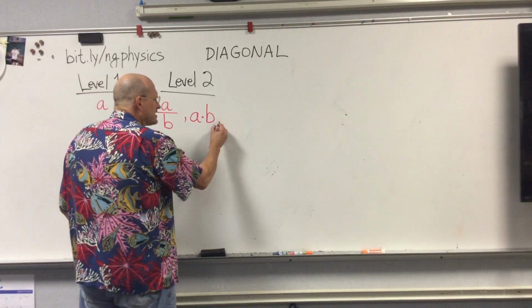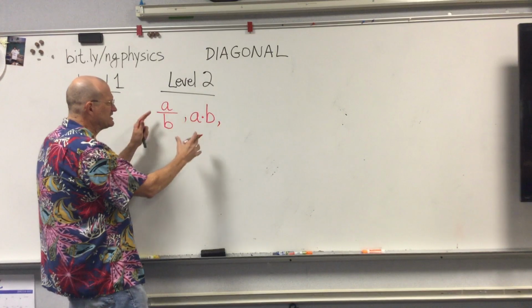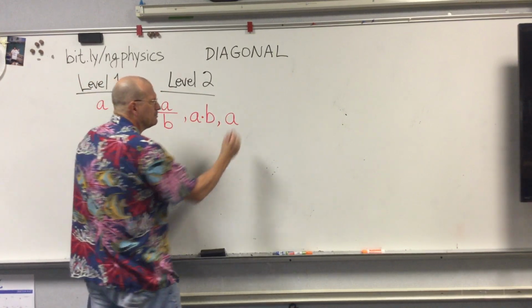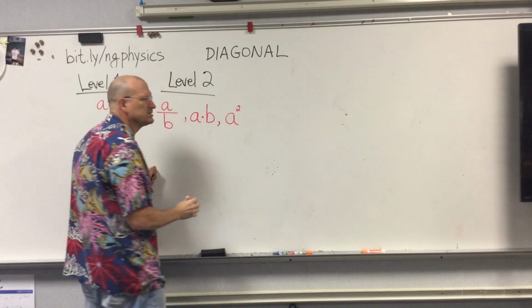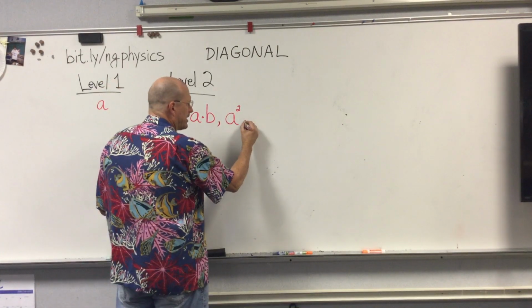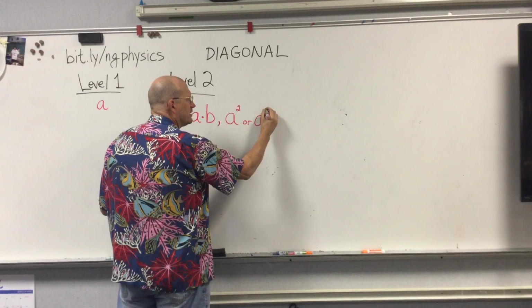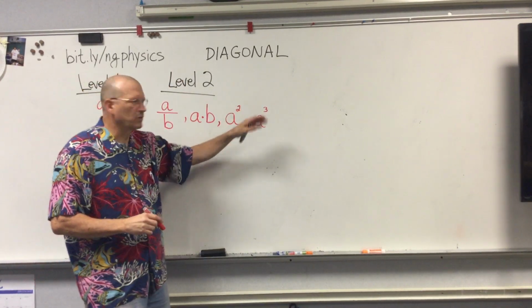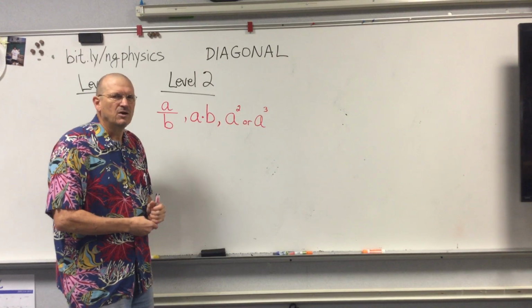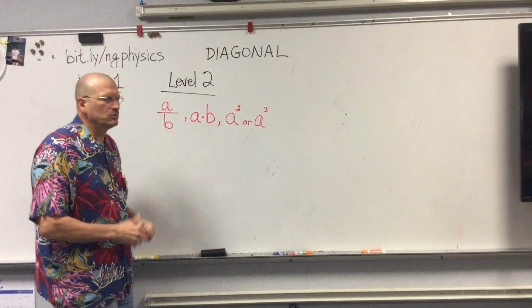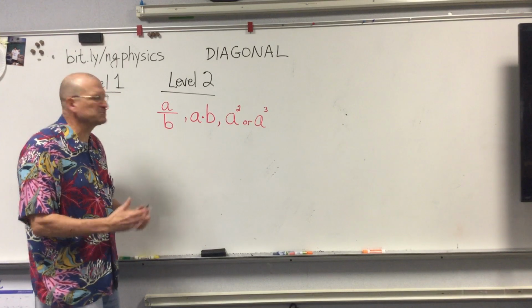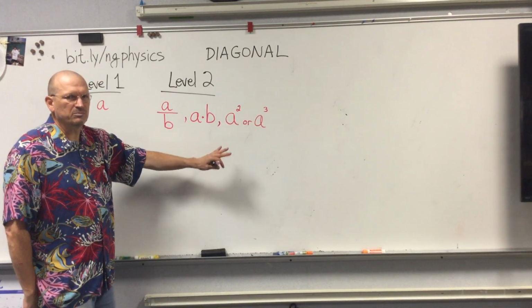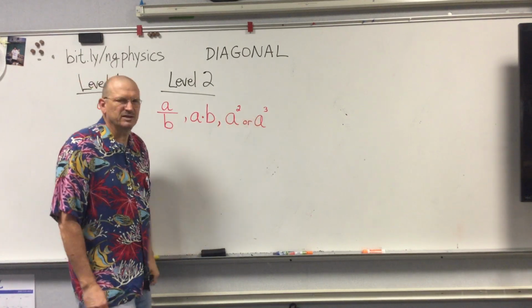And then the last type of unit, which doesn't necessarily look like this, is a single thing being raised to a second power or a single thing being raised to the third power. Now we could go on to 4th, 5th, and 6th powers, but the truth is, for the units that we are going to expose you to in this class this year, we will never get over a unit being cubed, so that's why I cap it at the unit cube.